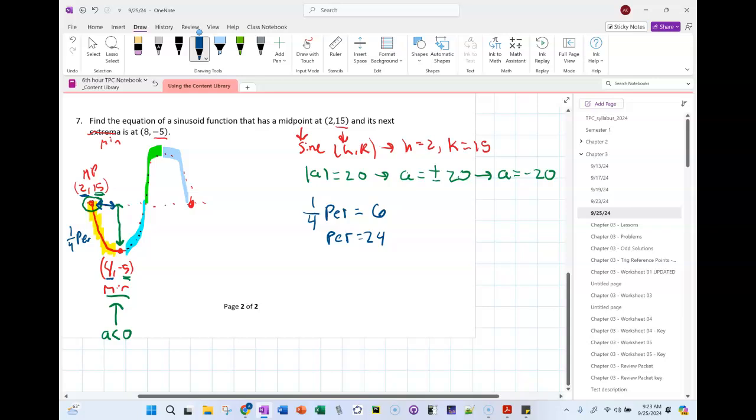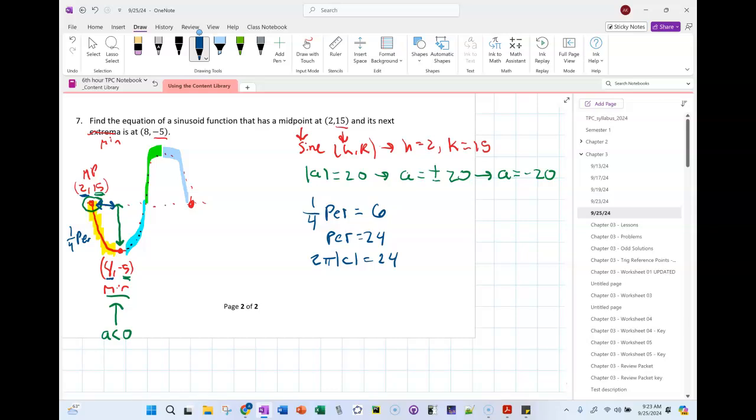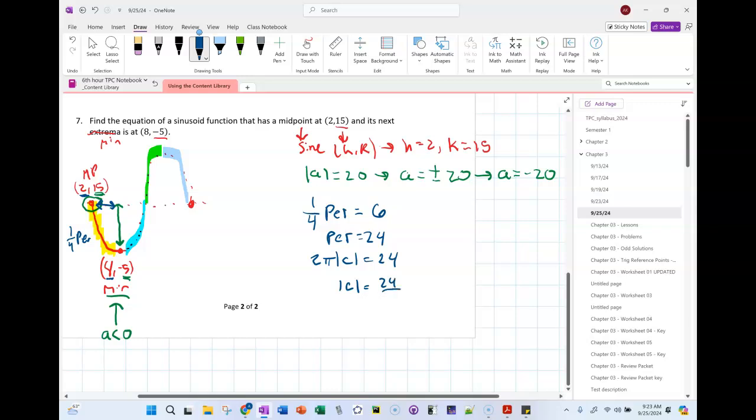And then the formula that relates period to C is period equals 2 pi over the absolute value of C. So to solve for C, I just divide both sides by 2 pi. I can reduce that. I notice the 24 is divisible by 2, as is the 2 pi.